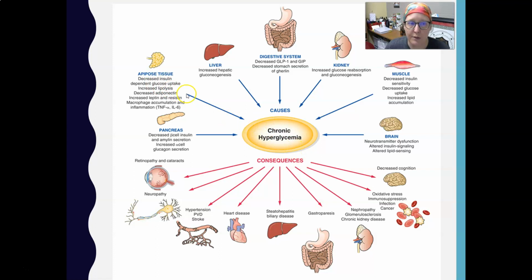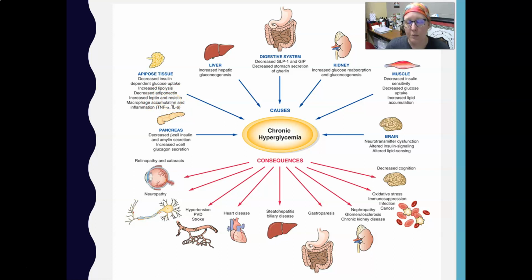In the adipose tissue, the fat, you get decreased insulin-dependent glucose uptake, increased lipolysis, decreased adiponectin, and increased leptin and resistin. The leptin molecule signals back to your brain that you have enough fat stores.